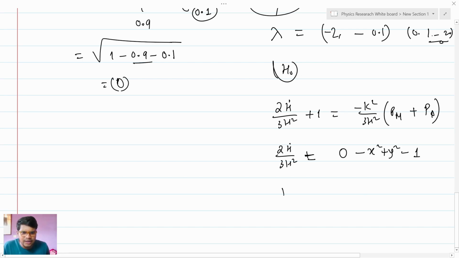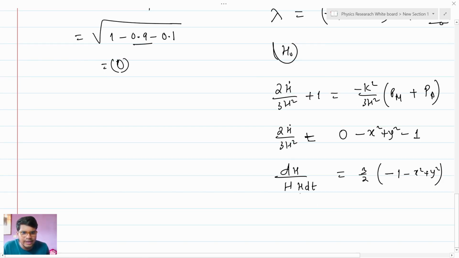So now you may see that I can write s dot like this, dh over h and h dt, correct, is equal to 3 by 2 minus 1 minus x square plus y square. Now ds dt can become dh over h dn, 3 by 2 and so on.